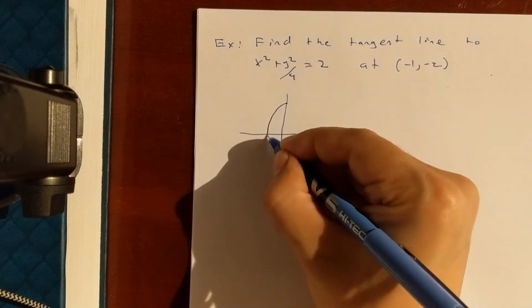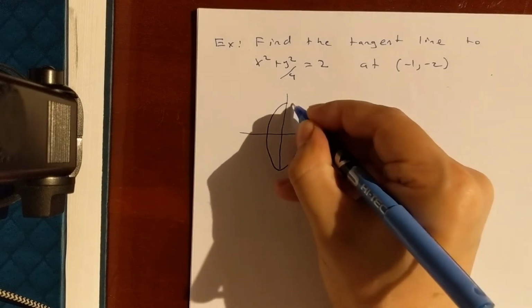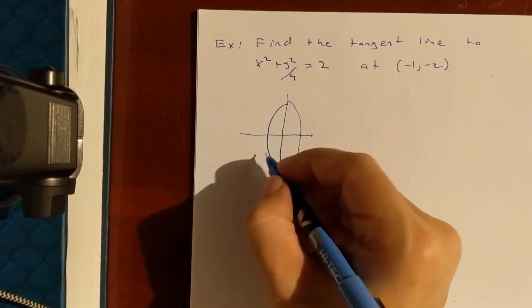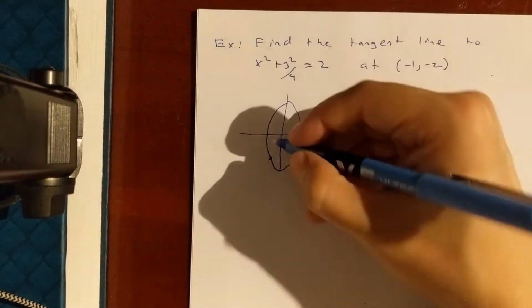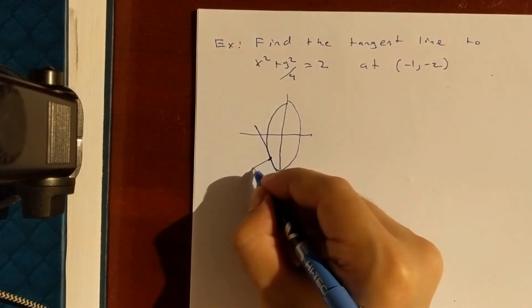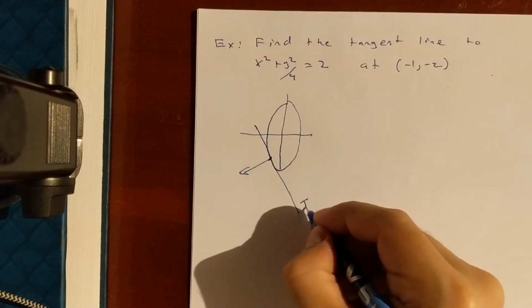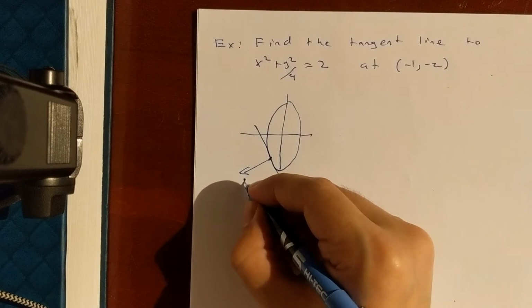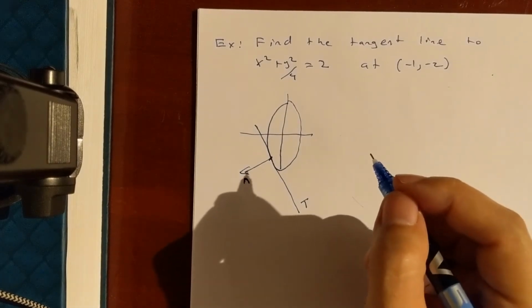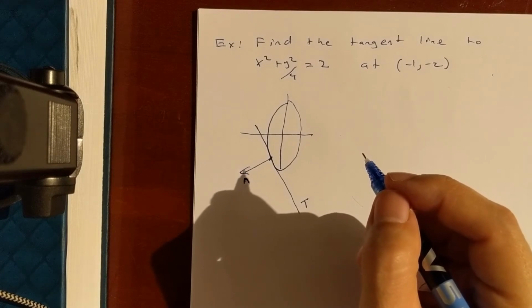The vertical is going to be bigger, so it's an ellipse like this, okay? And -1, 2, we're probably somewhere around here, and the tangent line is going to be this, and the gradient is going to be perpendicular to it. So this is the tangent, this is the normal line, which is the gradient. Okay, so let's do the math here.